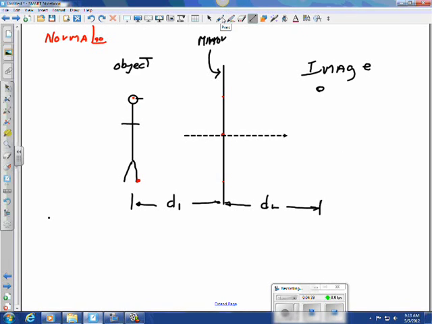And now the next thing I'm going to do is draw another line. Let's keep this a solid line. Make it look like this. It's going to be coming from his foot, and it's going to be hitting right at that point. Okay?